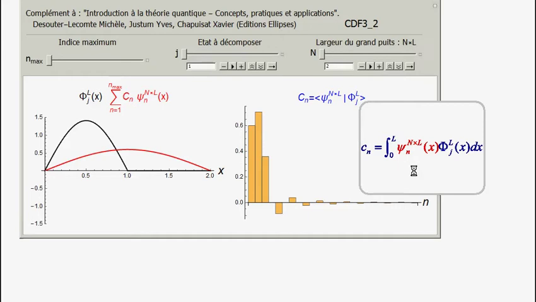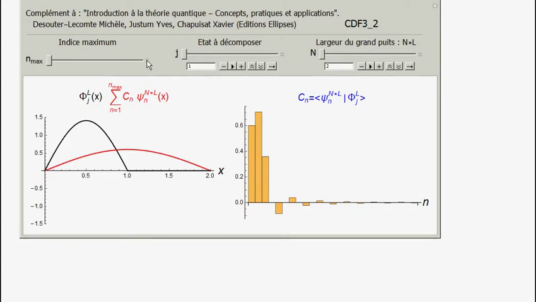It is the integral of the product of the studied function, so the black function, and all the eigenfunctions of the system, so here the red function. The values of the coefficients are represented on the left, and one sees that they may be positive, negative, or null.